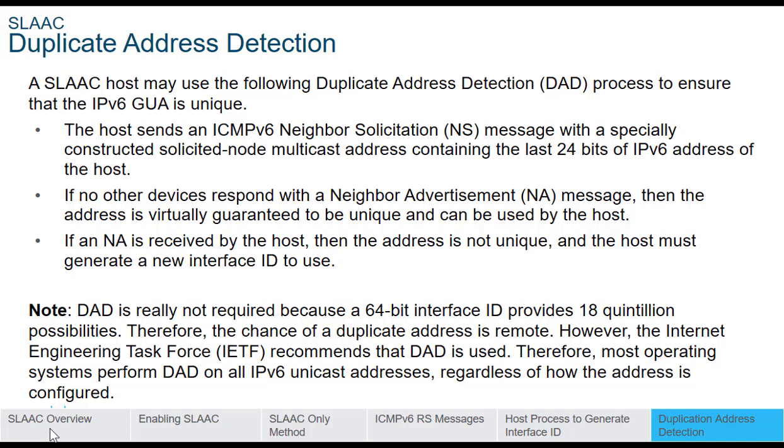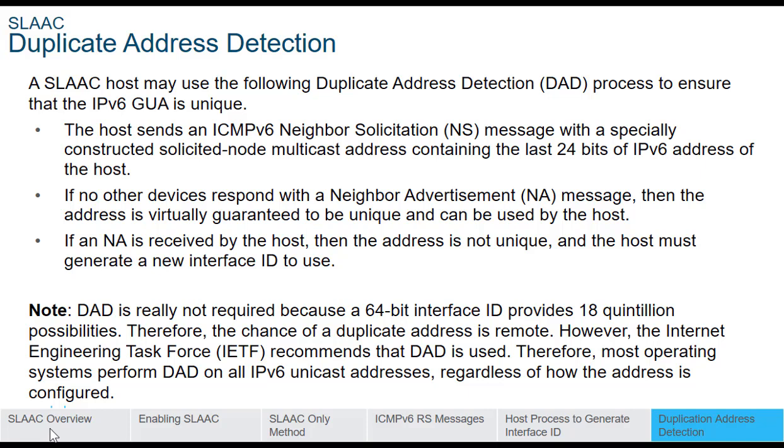If you're going for SLAAC only for a router, you can configure the IPv6 address on the interface itself. You can even configure a link local for the interface by typing in the address FE80 and link-local at the end.